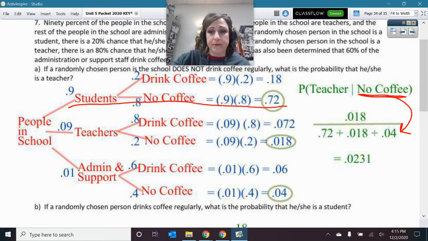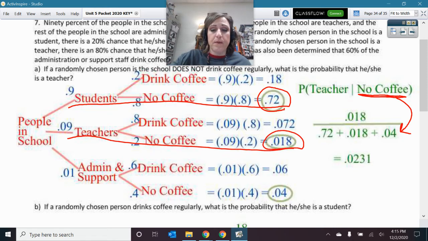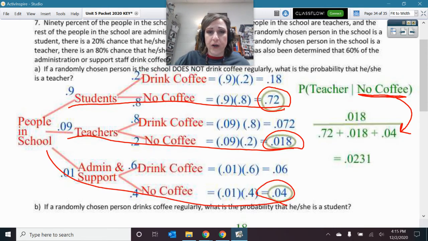That's this 72%, this 0.018%, and this 0.04%. So that denominator is down there. And the part of that, it's not 0.09. No, it's the no coffee drinking teachers. It's this part, okay? It's that teacher portion of the denominator.